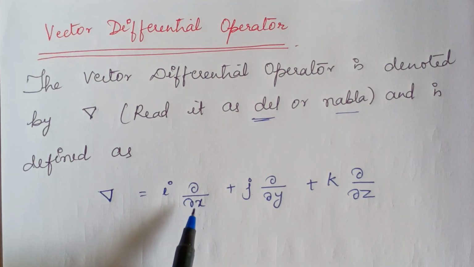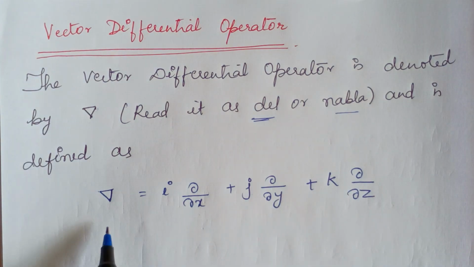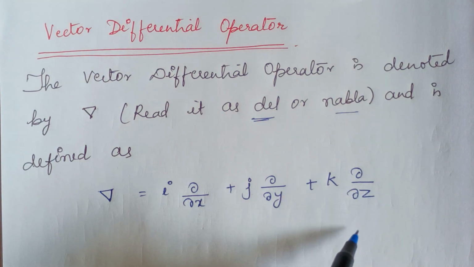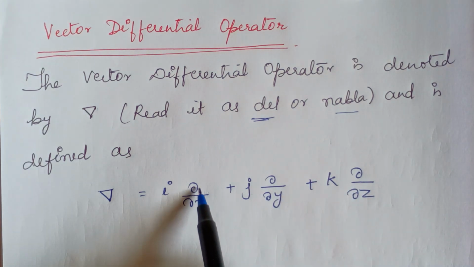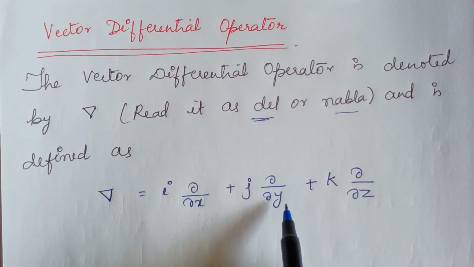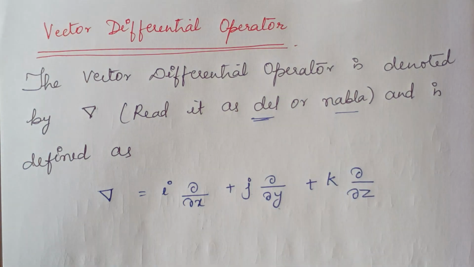Also, you can read it as dou by dou x, dou by dou y, and dou by dou z: i times dou by dou x, j times dou by dou y, plus k times dou by dou z. This symbol represents partial differentiation with respect to x, y, and z. I'll tell you how the partial differentiation happens with a real-time example, as I mentioned in the intro of my video.